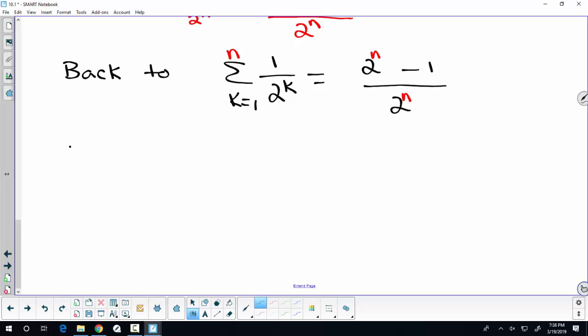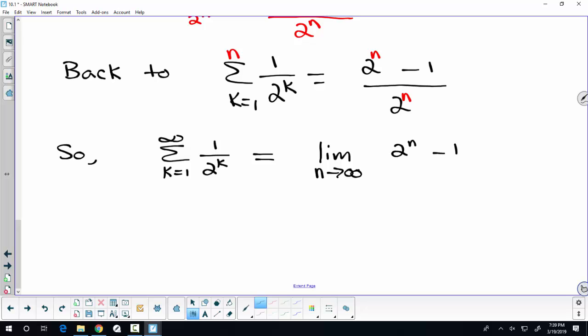So, what we're saying is, if I want to compute the sum from k equals 1 to infinity of 1 over 2 to the k, then that's equivalent to looking at the limit as n goes to infinity of 2 to the n minus 1 over 2 to the n.